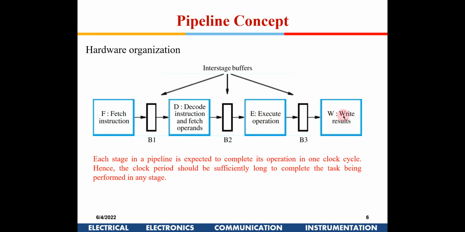But till this completes, you can't change the data out here, because what is being written will get corrupted, right? Similarly, here also, what you have fetched is being decoded. While this is fetching the next instruction, this needs to be kept constant, so you have one more buffer. We discussed in the last slide that while the execution is being done, you need to keep these control signals constant out here.